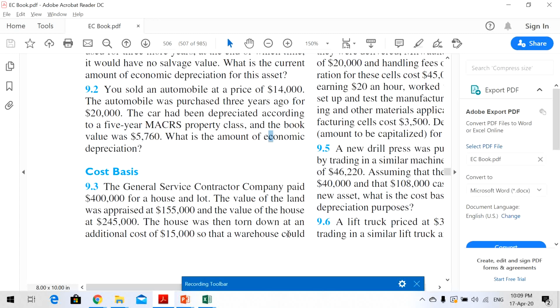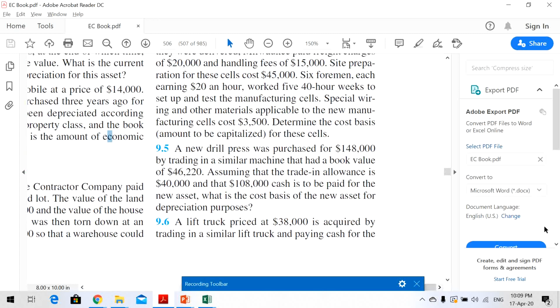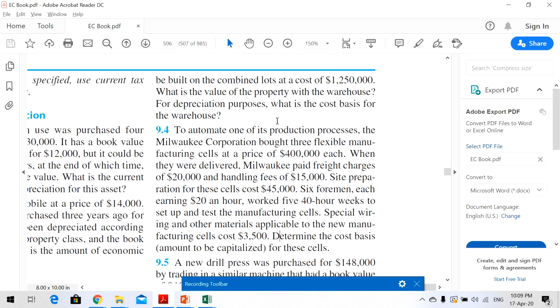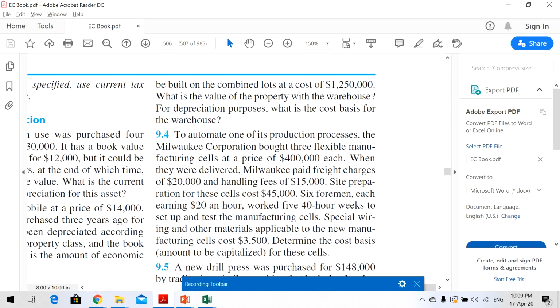The house was then torn down at an additional cost of 15,000 so that a warehouse could be built on a combined lot at a cost of 1,250,000.